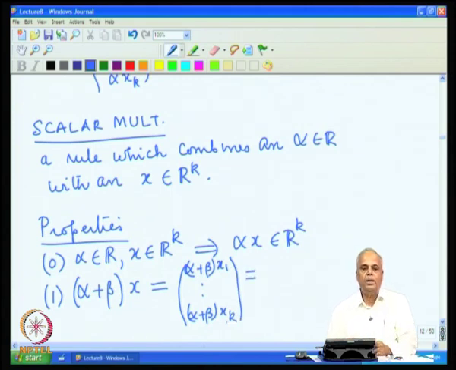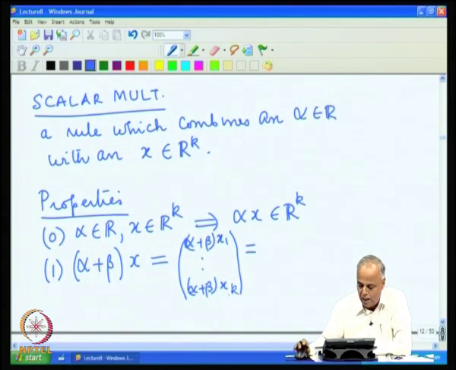Now, alpha is a real number, beta is a real number, x1 is a real number, and real number multiplication distributes over addition.